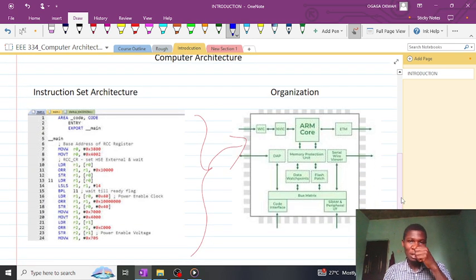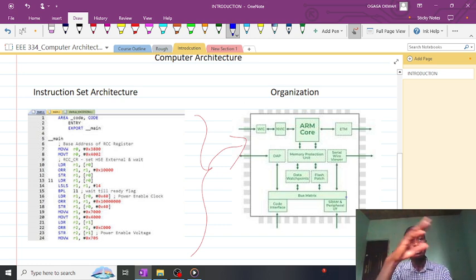When we say instruction set architecture, some call it big A architecture, we just mean the set of commands or set of instructions, like, let's say, the blueprint for a building. I think that's a very good way to look at it. For a building, the blueprint you can look at as instruction set architecture, while the actual building you can look at as organization.